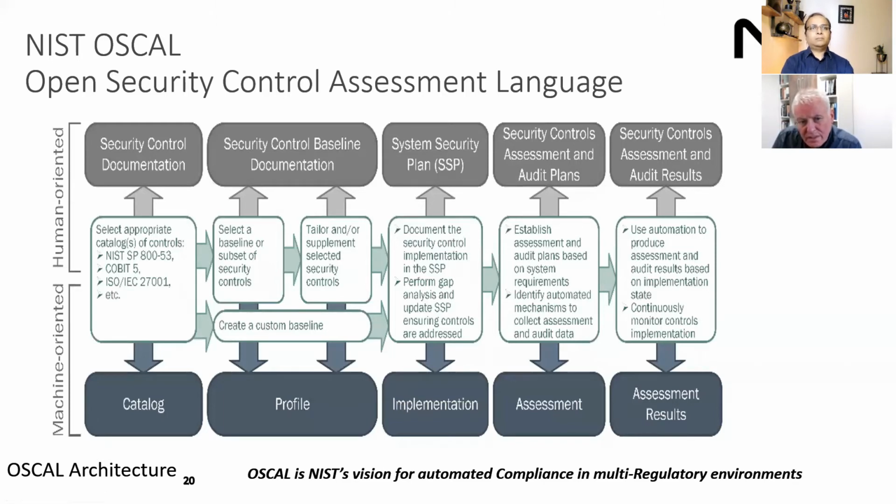Now, when I saw this, and I've been starting from OSCAL, I was taken by the fact that these arrows in the top here, from the XML world to the human-oriented world, were all pointing upwards. And I could say, yes, it makes sense to publish the control frameworks in XML and render them as PDF or as Word.